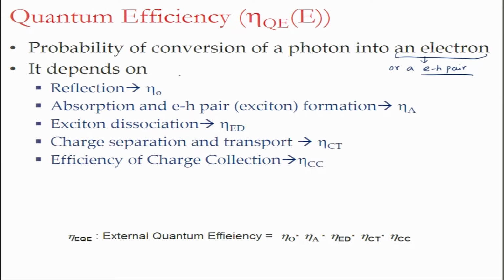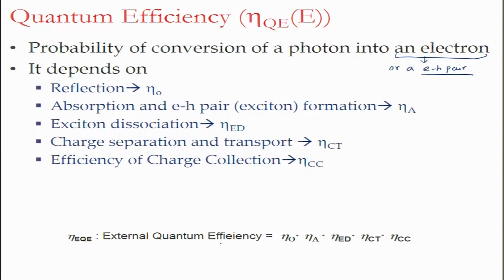The first factor is reflection, and the efficiency of reflection is depicted as eta O. It also depends upon absorption and electron hole pair or exciton formation, the efficiency of which is eta A. Once the exciton forms it has to dissociate, and the exciton dissociation efficiency is eta ED. Then charge separation and transport, that is eta CT, and then the efficiency of charge collection at the electrodes, which is eta CC.